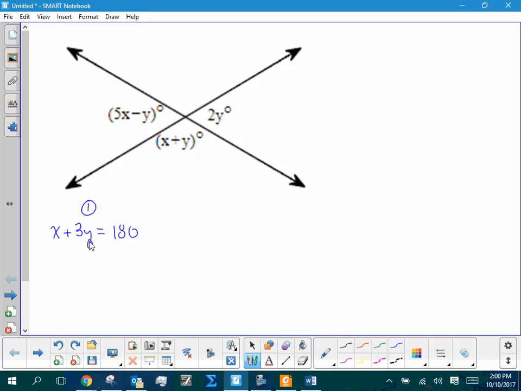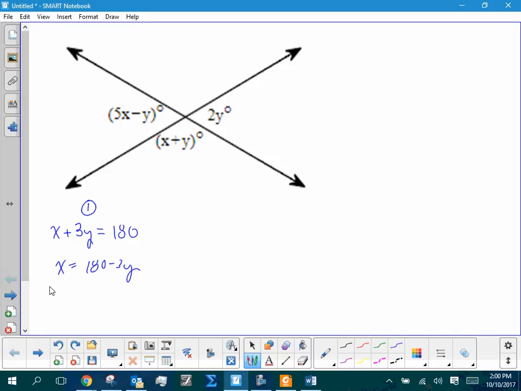Now, what is wrong with that equation? Maybe not so much what's wrong with it, but what is problematic about it? 2 variables. Okay? And when we have 2 variables, we can't solve it directly for a numerical value. Now we can do some stuff. We can say, well, x is equal to 180 minus 3y, right? But I don't know what x is until I know what y is.